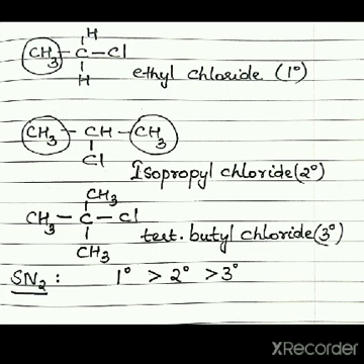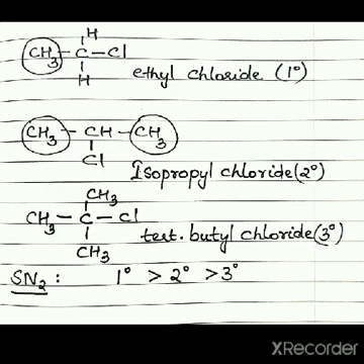Consider ethyl chloride. You know that it is a primary alkyl halide. See, the carbon carrying the chlorine atom has only one methyl group attached to it. Now take isopropyl chloride. It is a secondary alkyl halide. See that the carbon carrying the halogen atom has two methyl groups attached to it. Next, consider tertiary butyl chloride, which is a tertiary alkyl halide.